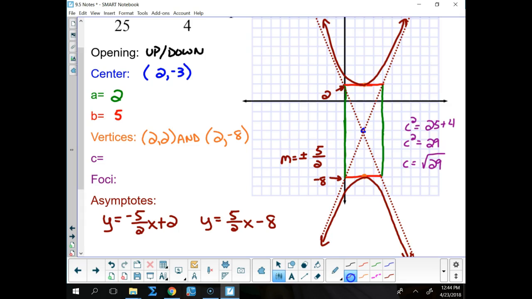Y part. So c here is the square root of 29, which means that the foci are going to be at 2, comma, negative 3 plus or minus the square root of 29. Square root of 29 is like 5.2.